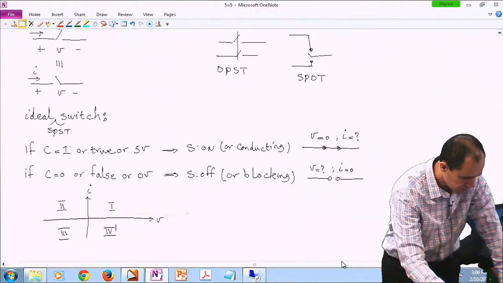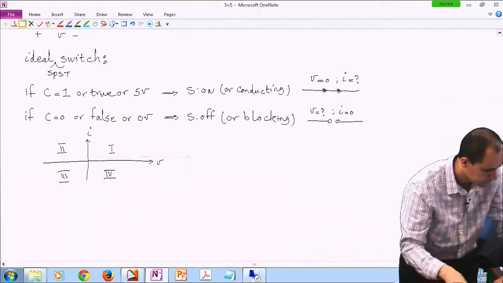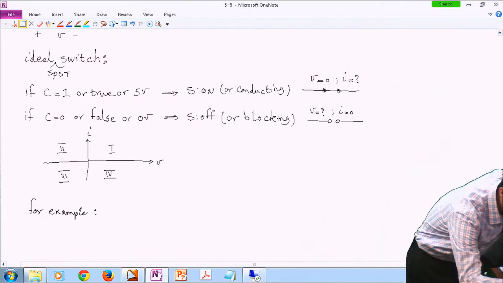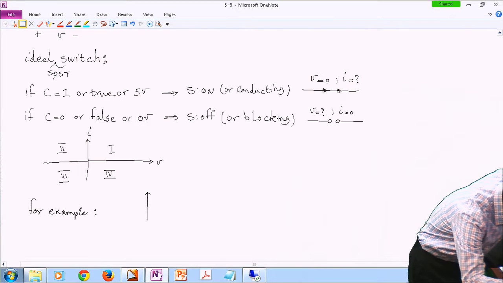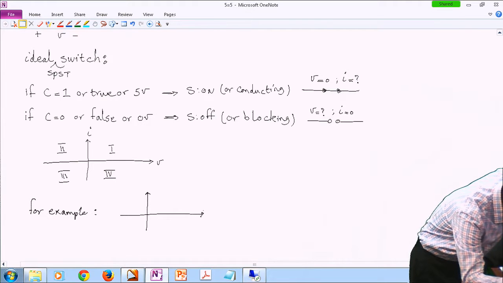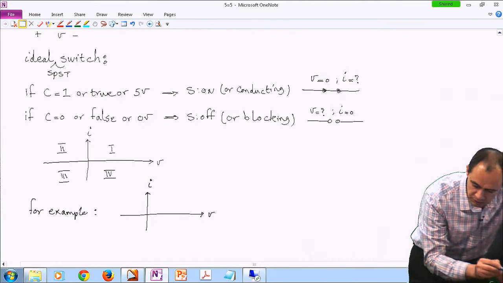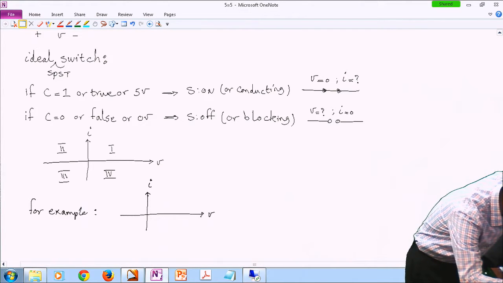For instance, if we have a switch that only conducts positive currents and blocks positive voltages, then we call it a single quadrant switch, or in this particular case, a first quadrant switch.